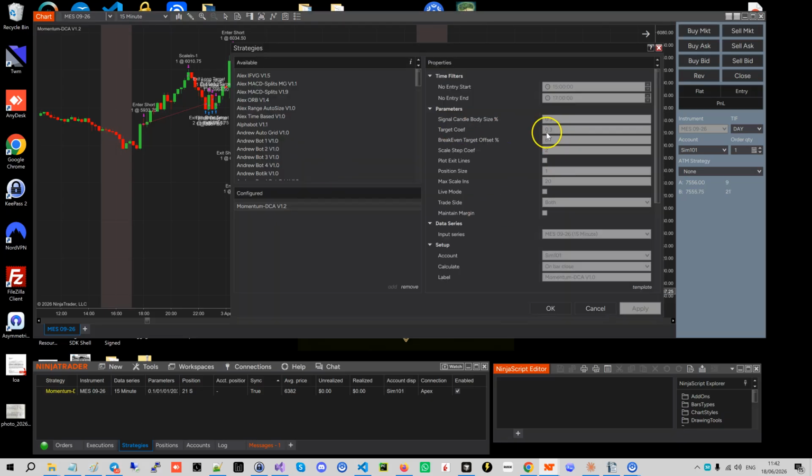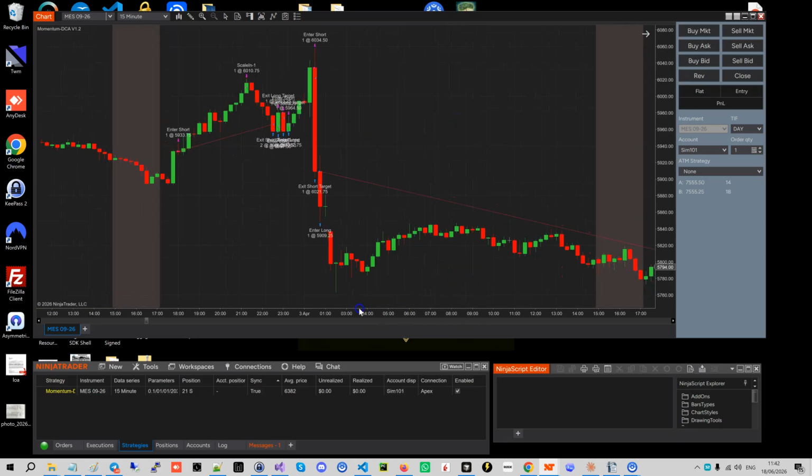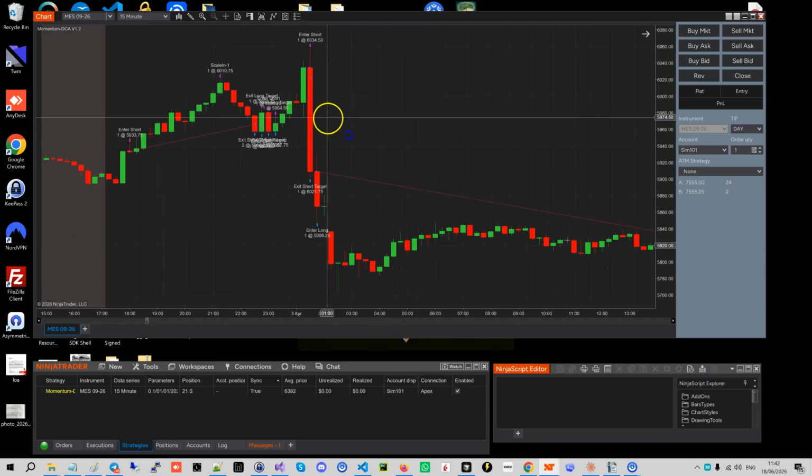And target coefficient in this case is also 0.3%, so 0.3% of this candle here.